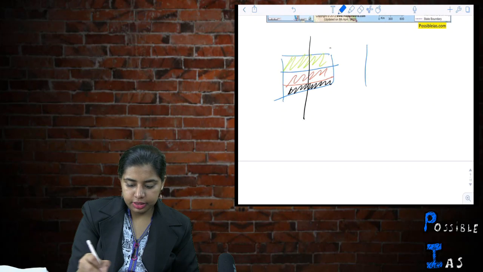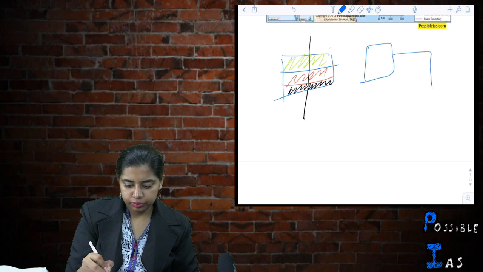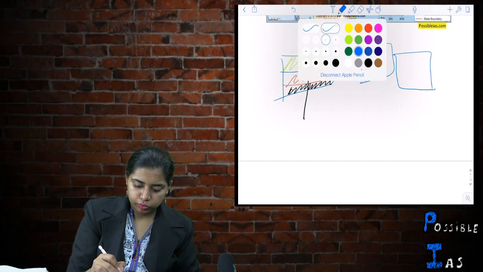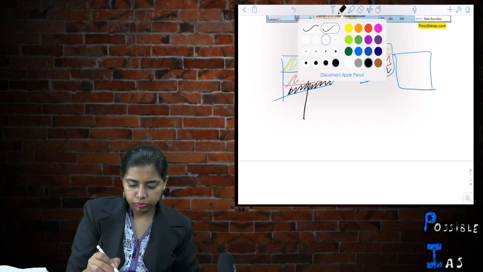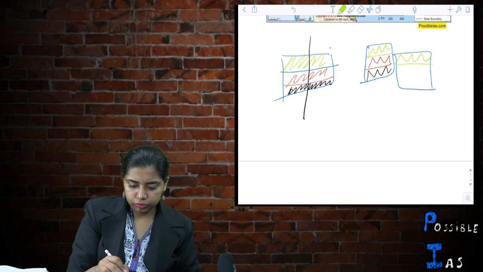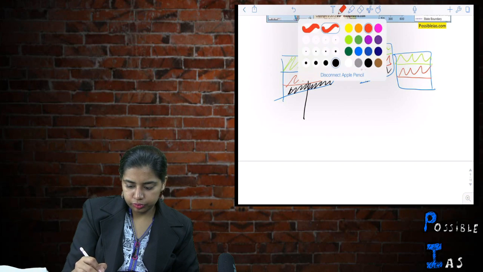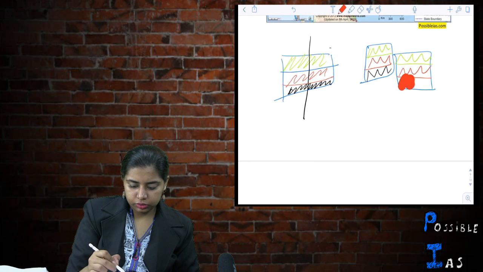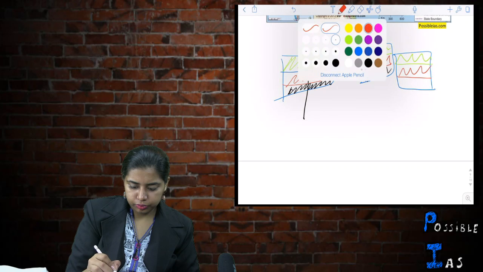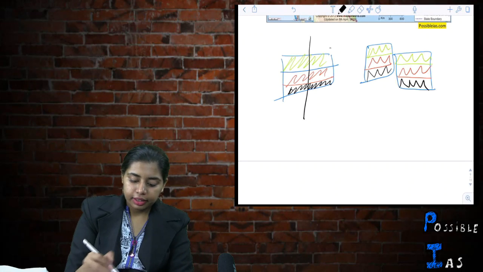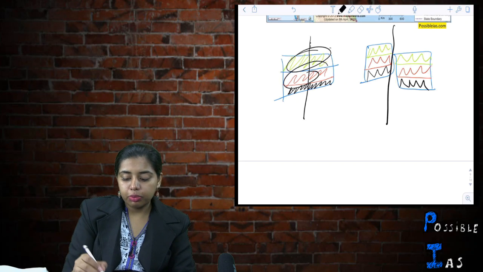The first type here is that this block which was initially like this, one part of the block has moved down.